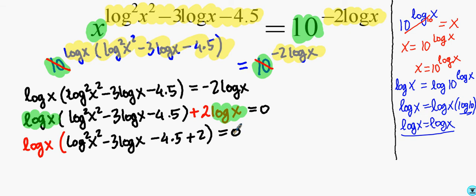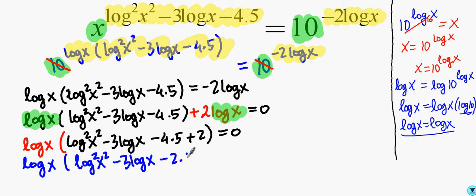Now let's simplify this. So we have log x times (log x squared minus 3 log x, minus 2.5), all that equals 0. Well, when we have two things multiplied and the product equals 0, that means that either this is 0 here, or this whole thing equals 0.